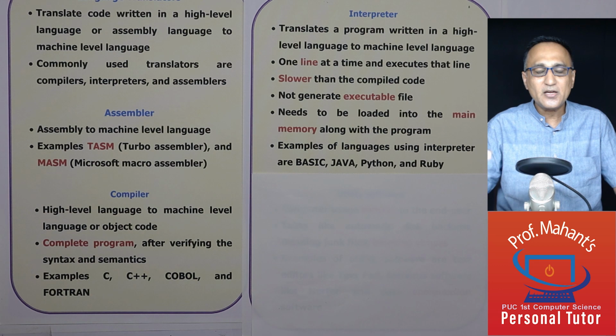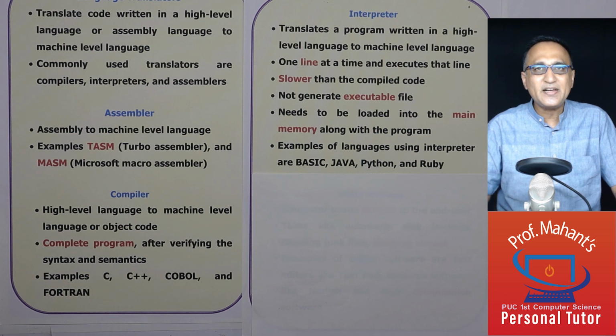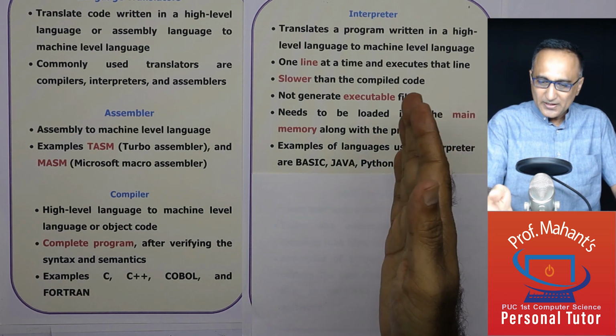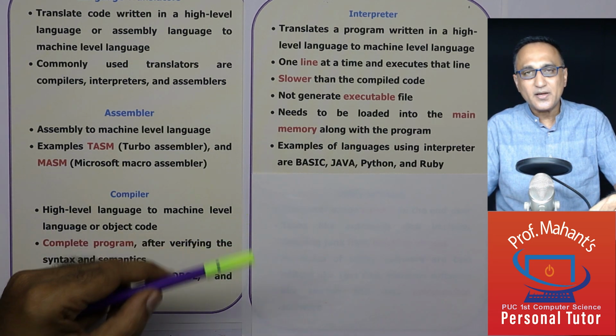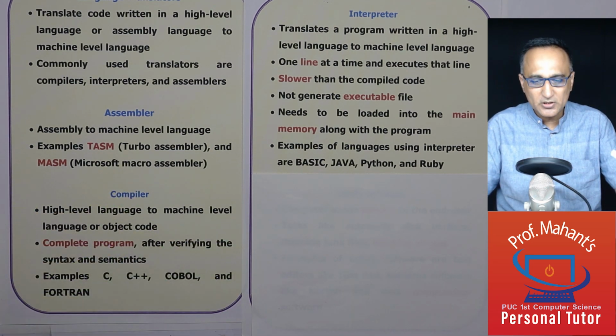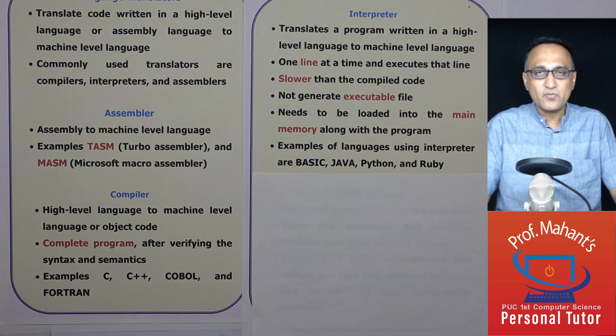Whereas with the compiler, you just need to compile it into object code or machine code once and rerun that object code as many times as you require. Whereas with the interpreter, that many times you'll need to load the interpreter to convert it into an executable program or to execute the program. But still, interpreter is widely used. Examples of languages which use interpreter are Java, Basic, Python, and Ruby.